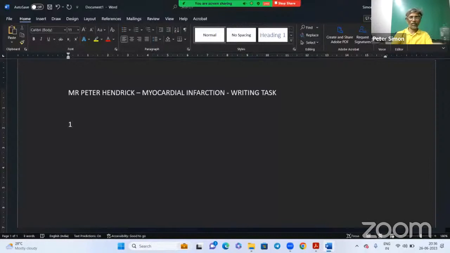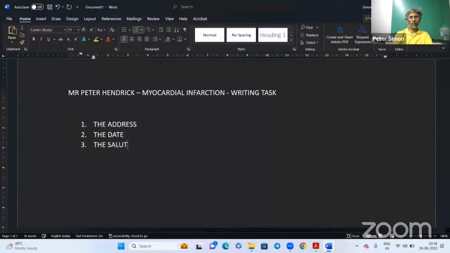So first we will start with the address. Then the date, the salutation, the subject, the body, the leave taking, or you can say the closure of the letter, and the sender's particulars.